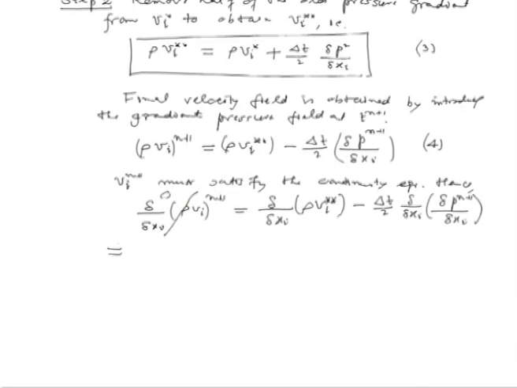So, let us rearrange, and this will give us the discrete Poisson equation for pressure, that is ∂/∂xi of (∂P^(n+1)/∂xi) is equal to (2 by delta T) ∂/∂xi of (rho Vi**).